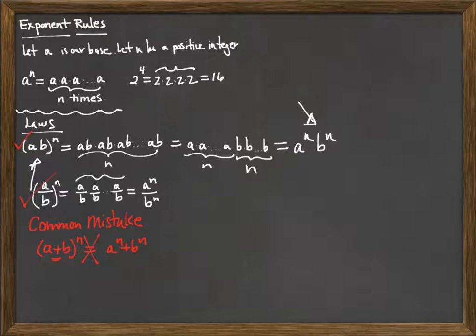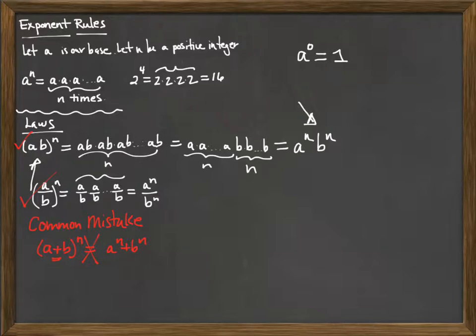Excellent. All right, let's look at some of our other rules. Before we do that, let's establish a couple more definitions. Let's go back to white because we're going back to our original. A raised to the 0 power, we're going to define to be equal to 1.